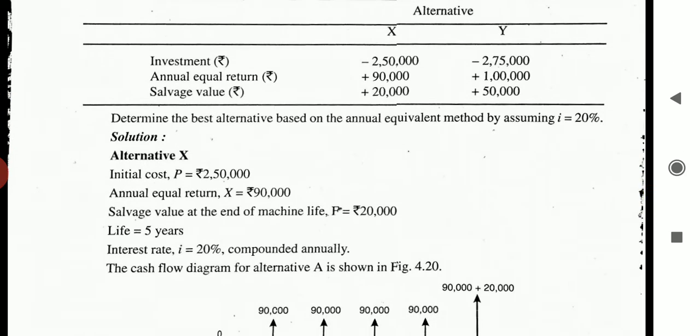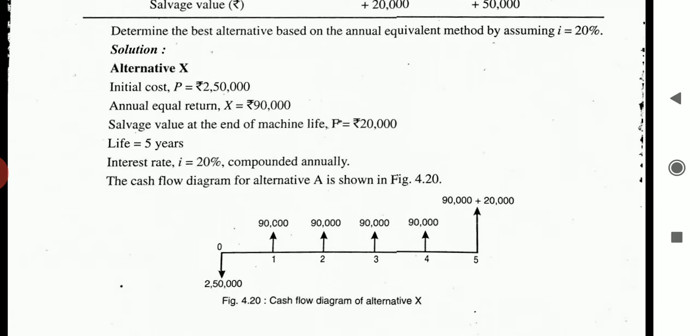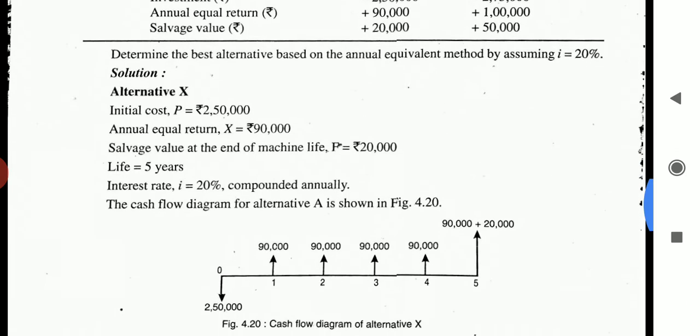So P is the initial cost, X is the annual equal return. The initial cost is some amount to be paid, that is nothing but negative. The annual equal return is income, so it is upward, that is positive. And the salvage of the machine at the end is obviously positive.